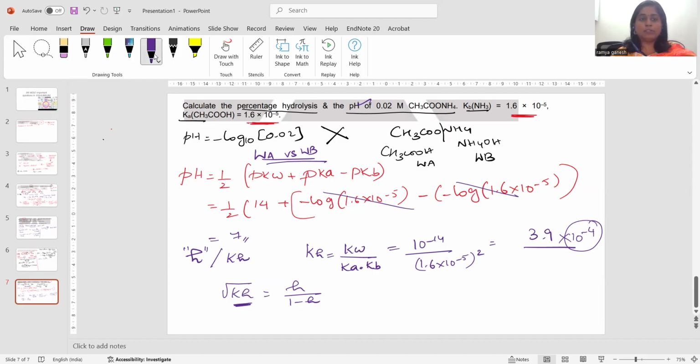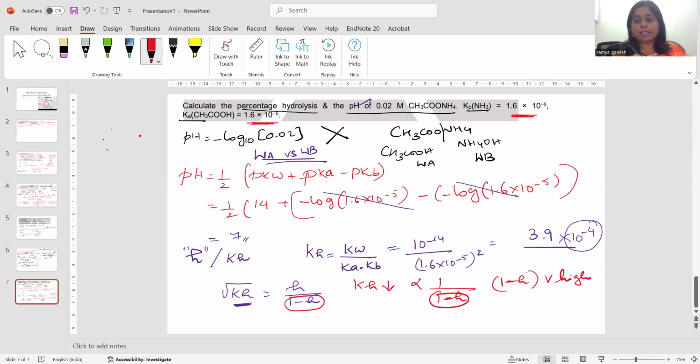Let us investigate. Only when this term is more. When will this term be more? Only when h is very less. Kh is inversely proportional to 1 minus h, which means the 1 minus h term should be very high.